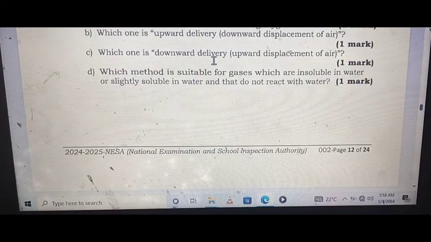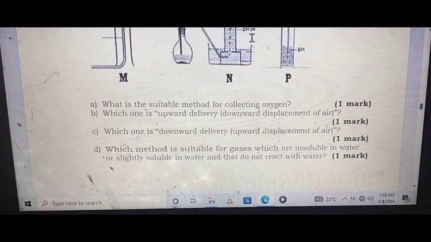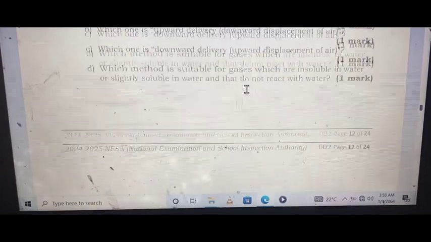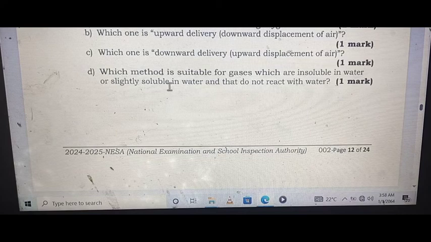C. Which one is downward delivery or upward displacement of air? The correct answer is method P. Which method is suitable for gases which are insoluble in water or slightly soluble in water and do not react with water?